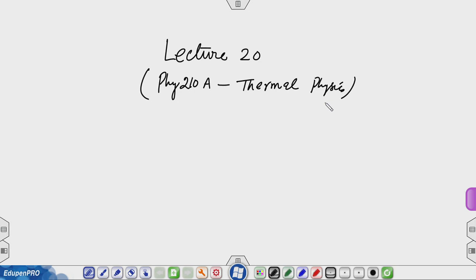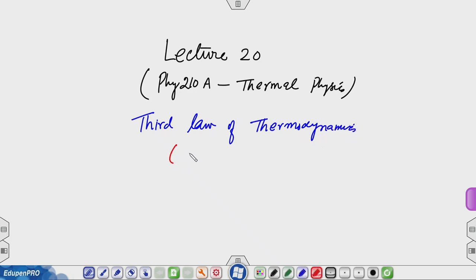So today's lecture is going to be on the third law of thermodynamics. And it's based completely on chapter 12 of Finn's Thermal Physics.